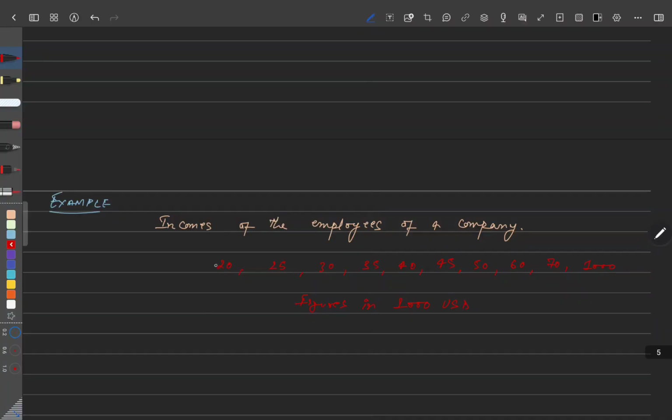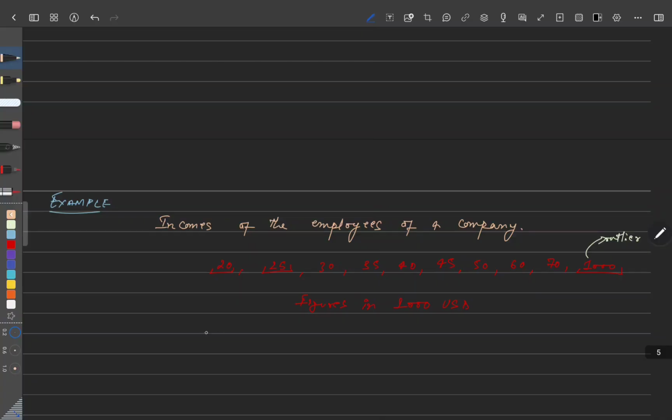Okay, so this is $20,000, this is $25,000, and this is, you can say, a very high number. So this is sort of an outlier. We can clearly see this is an outlier. This is way higher than all the other numbers.